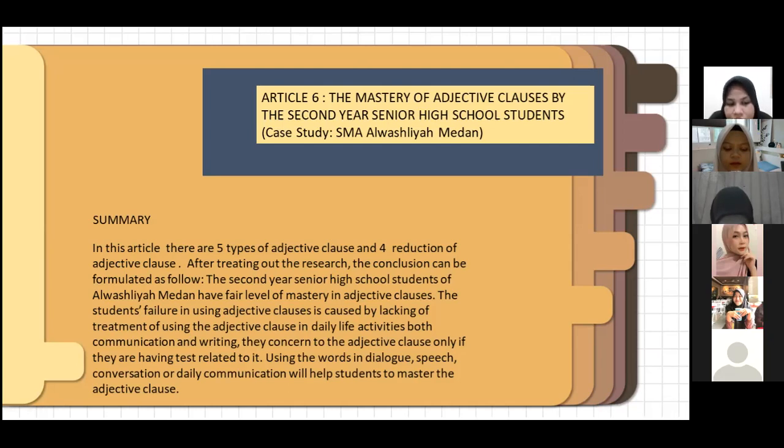The students' failure in using adjective clauses is caused by lack of practice in using the adjective clause in daily life activities, both in communication and writing. They pay attention to the adjective clause only if they are having tests related to it. Using the words in dialogue, speech, conversation, or daily communication will help students to master the adjective clauses.